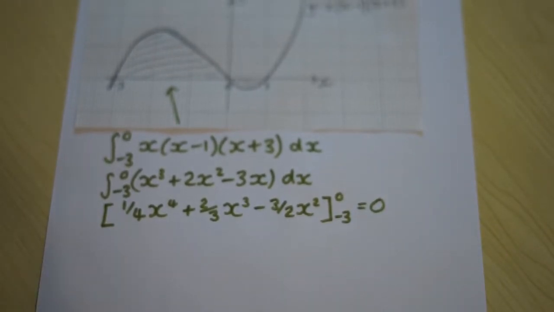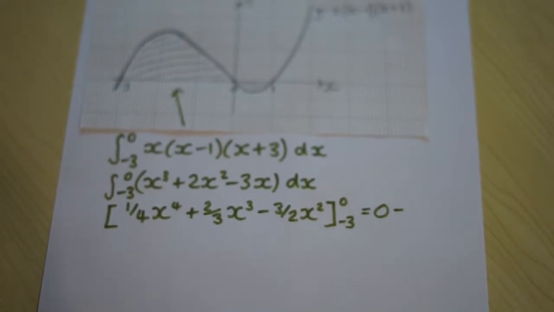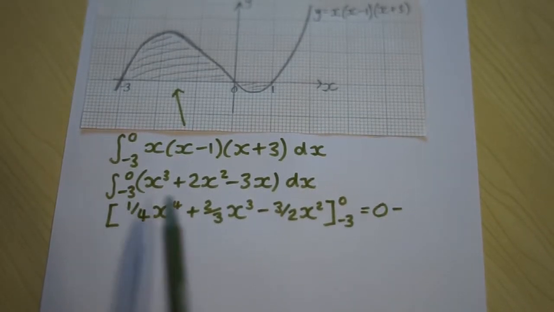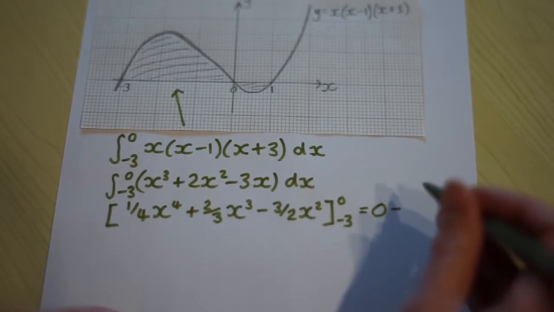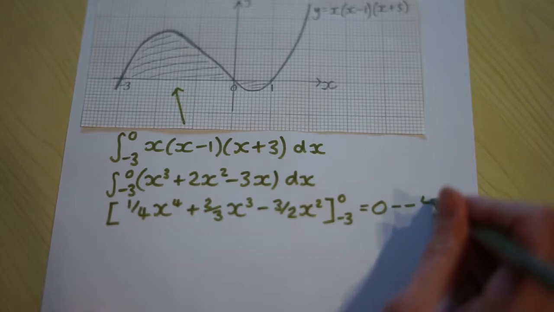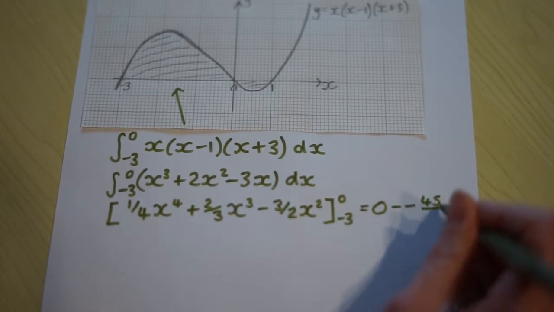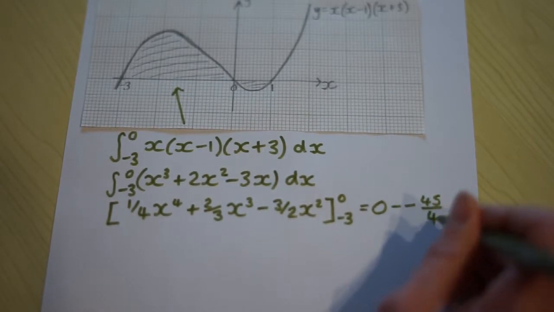That gets 0. Then we need to take away the value of -3 substituted in there. So that is -45/4.